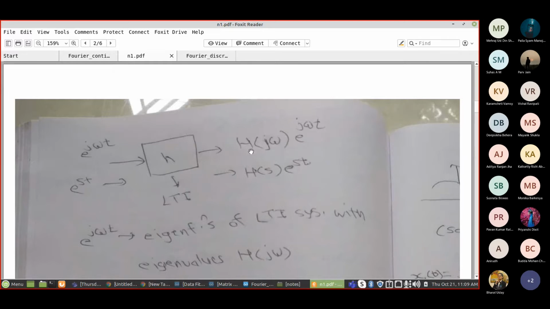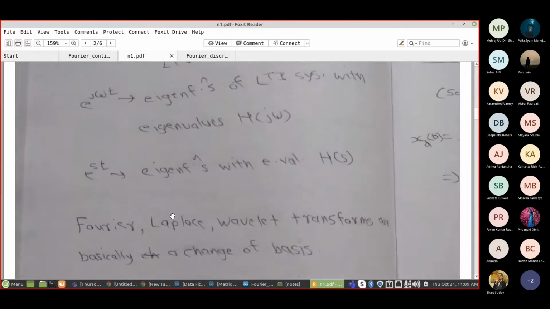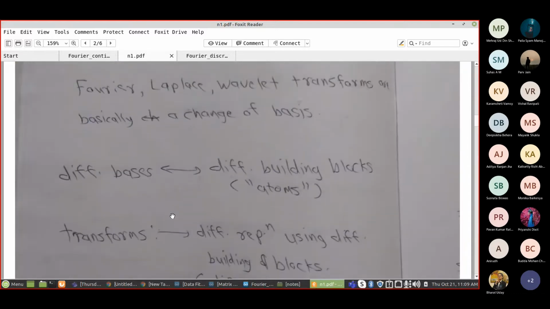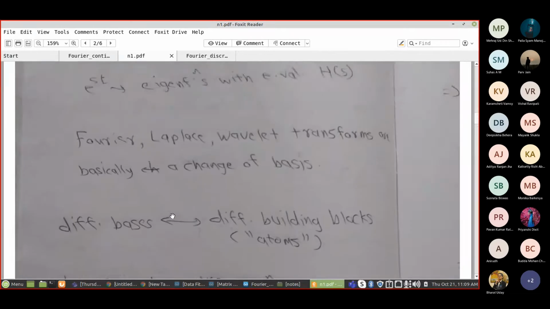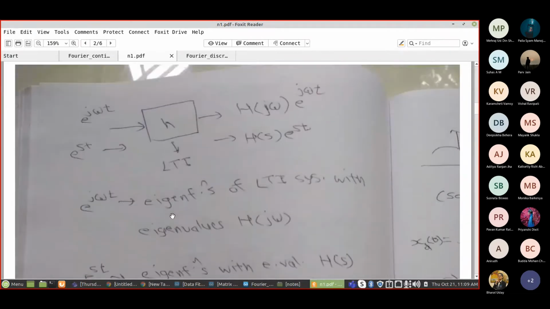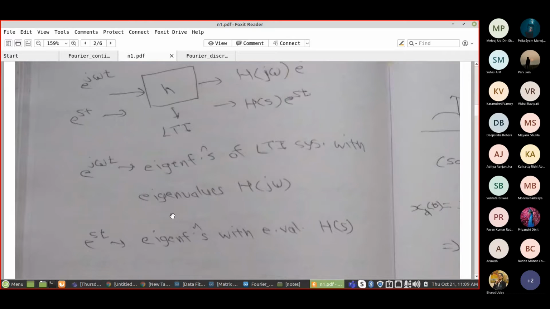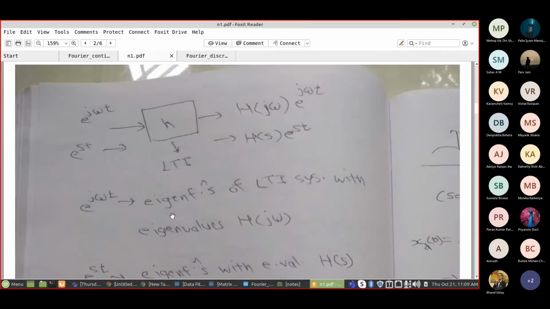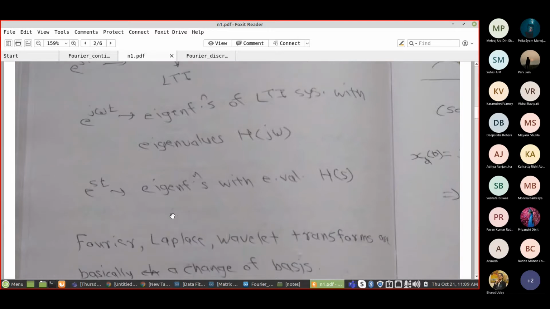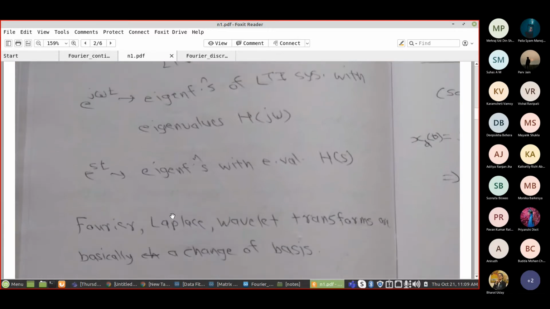So these are the eigenvalues of your system. If you don't understand every bit of that, it's totally all right. But if you do understand it, it gives you an alternate way to look at these things and appreciate what is going on underneath.